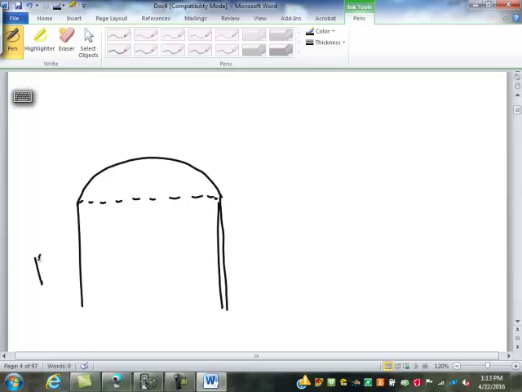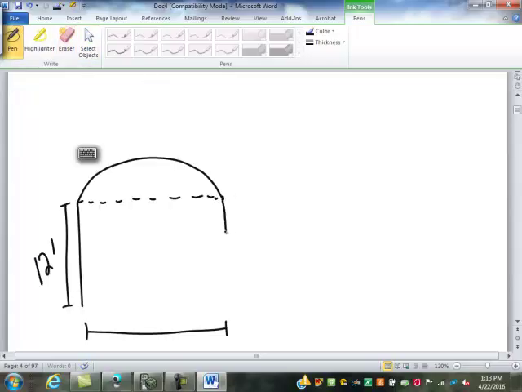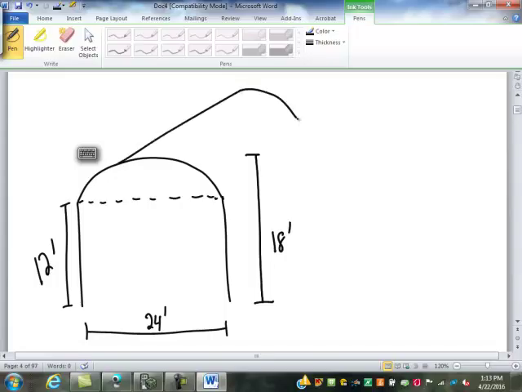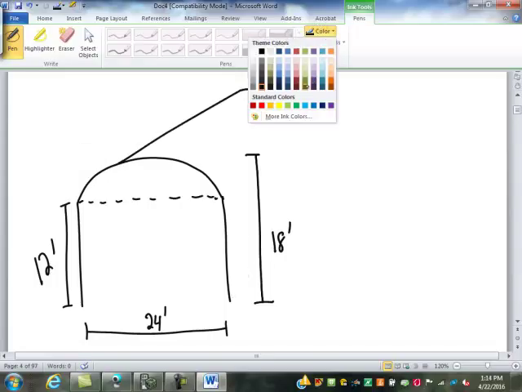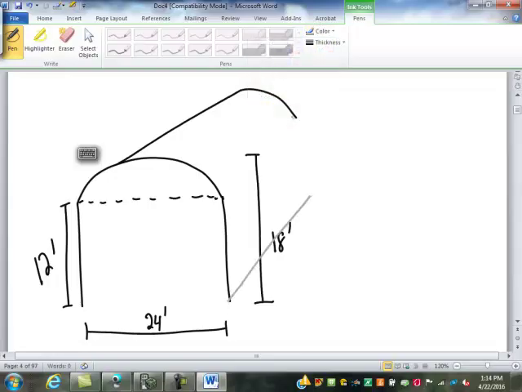We have a shed that has a 12-foot high wall, has a span, let me redraw this a little bit, across here of 24 feet, has an overall height of 18 feet, and a length of 60 feet.